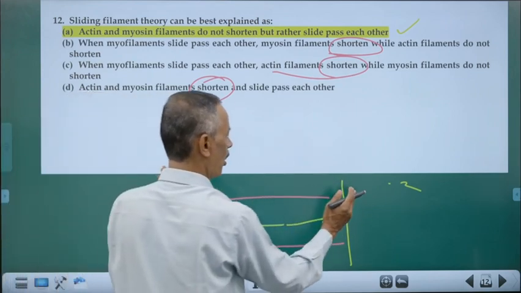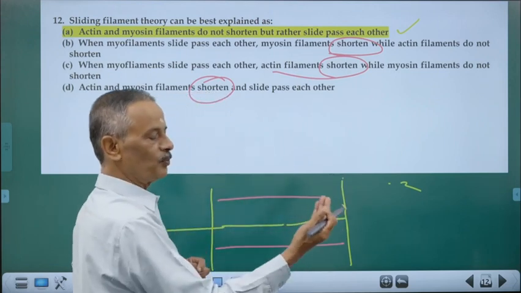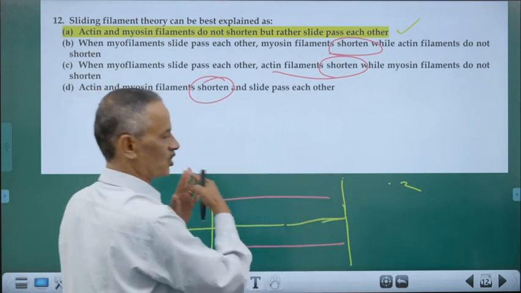So the overall length of the sarcomere, that part which is in between two adjacent Z lines, is very much reduced.